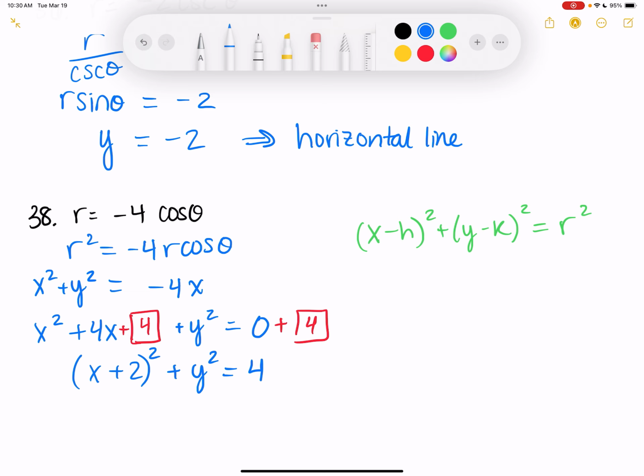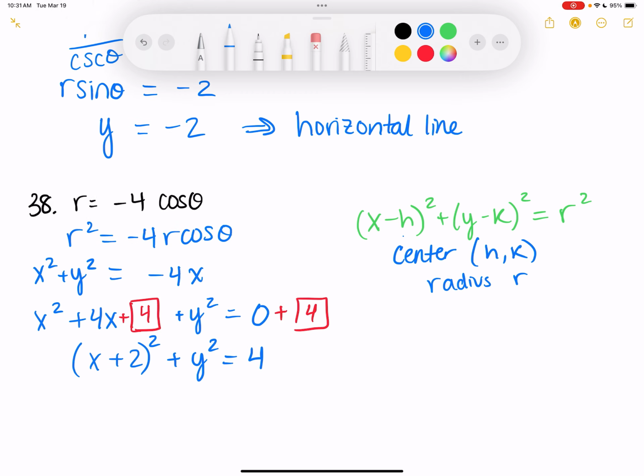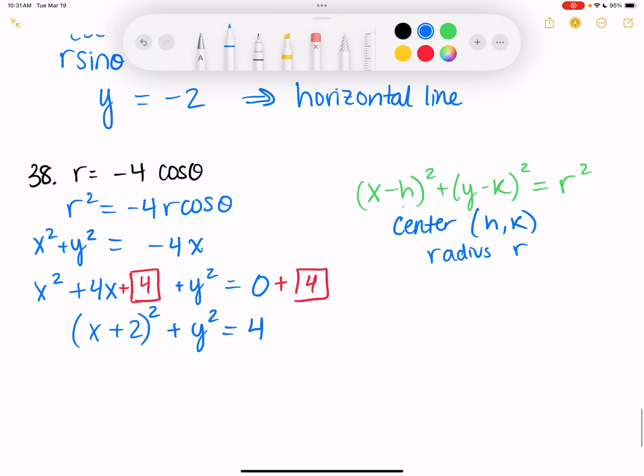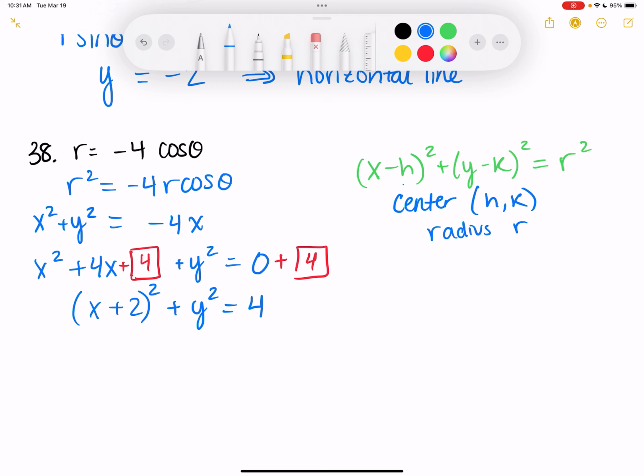And so notice that this sign here is negative. So the center for this, because it's going to ask us for this, the center for this general form is h, k with a radius of r. So I want to talk about where the center of this is. Okay, this is a circle. So the center for this one would be at the opposite sign, so -2.